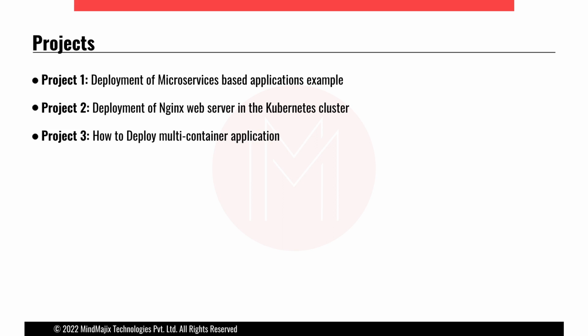Then we'll deploy an application behind that web server and check how the proxy is happening. And then we'll deploy a multi-container application where a pod will have multiple containers. It will have a sidecar container, an actual container, and other multi-container features.